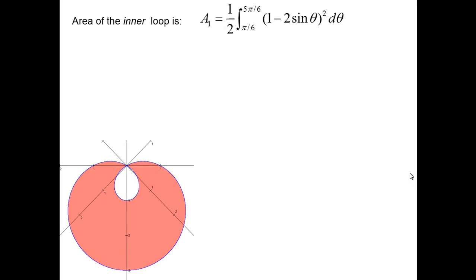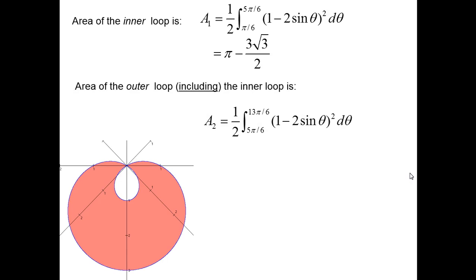So let's see. The area of the inner loop is the integral from pi over 6 to 5 pi over 6. I'm just going to give you that value. The area of the outer loop, which includes that inner loop, is from 5 pi over 6 to 13 pi over 6. Remember, you got to think about sweeping.